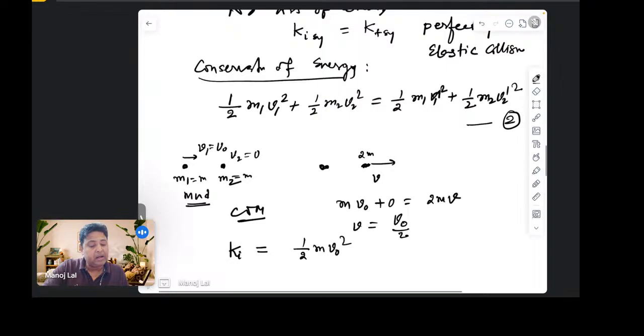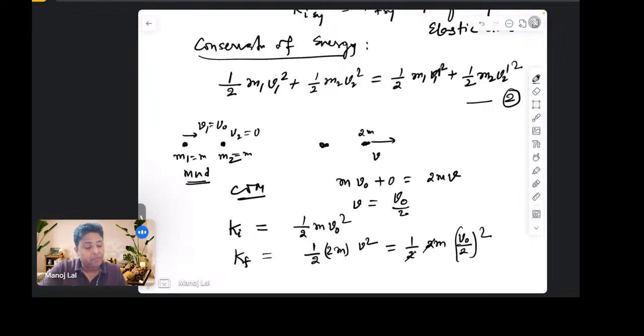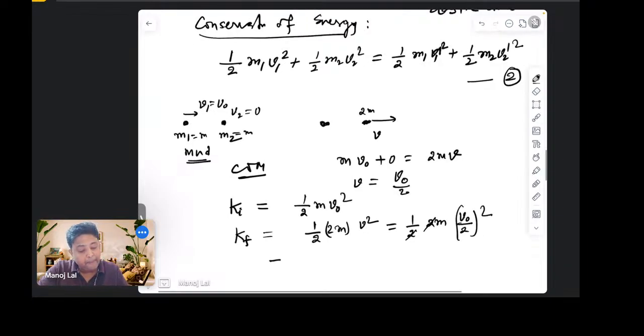The final kinetic energy is 1 by 2 into 2m into v square, that is 1 by 2 into 2m into v naught by 2 square, and this will be m v naught square by 4.